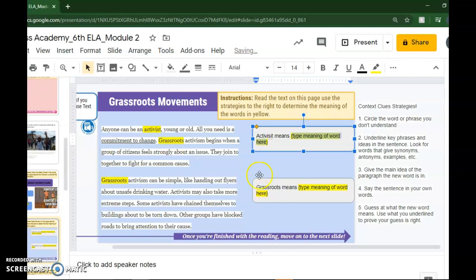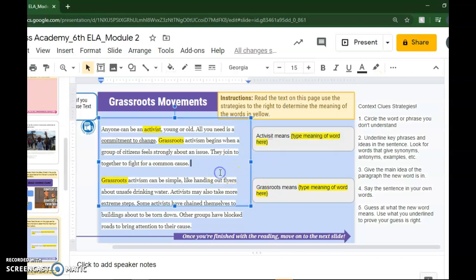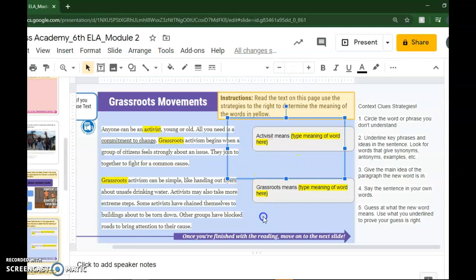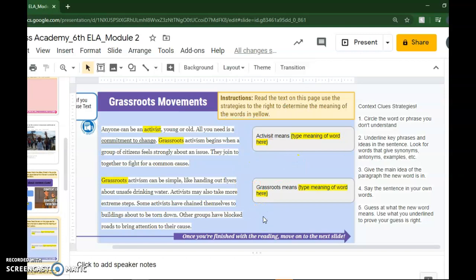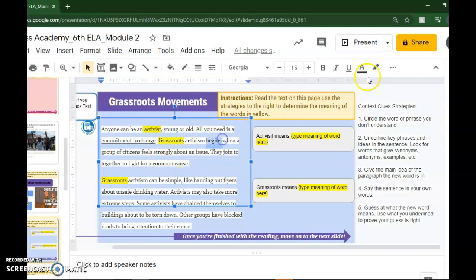All right, let's go back so I don't mess this up for you guys. Excellent. And then this next one is that tricky word of grassroots. So I see grassroots activism begins when a group of citizens feel strongly about an issue. Now, right away, I see this word begins. I'm going to underline that because I think that means grassroots is something about the beginning of a movement. Let's look down here though, because it's listed again.